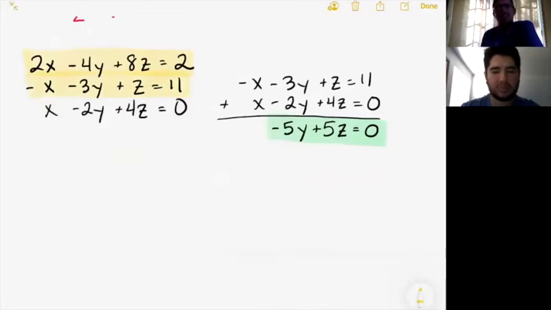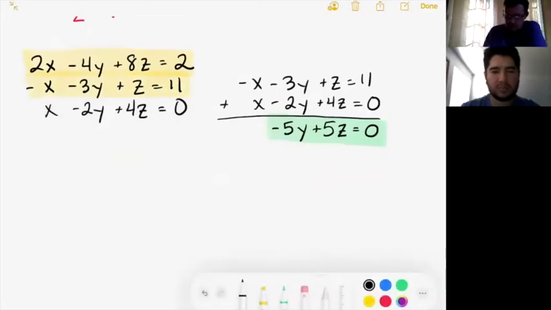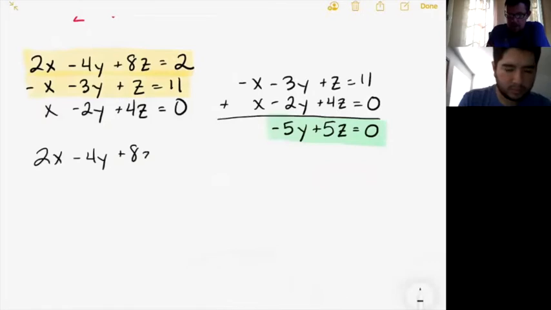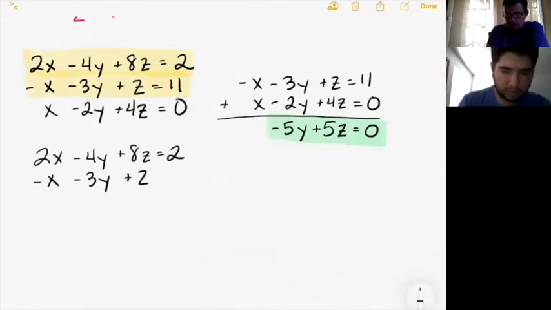That is exactly right. Excellent. Very good job. So I'm going to take those second two equations, 2x minus 4y plus 8z equals 2. And negative x minus 3y plus z equals 11.